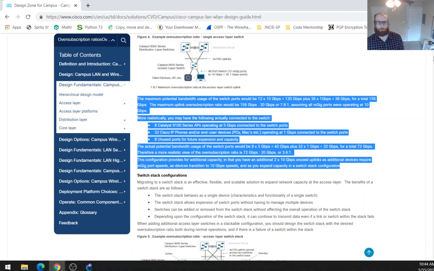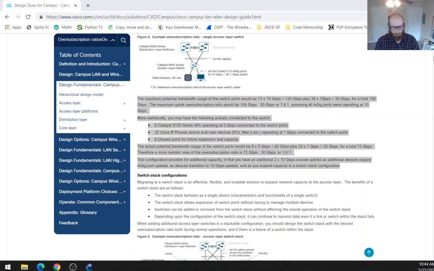Yeah, so it's really important to have this equation.